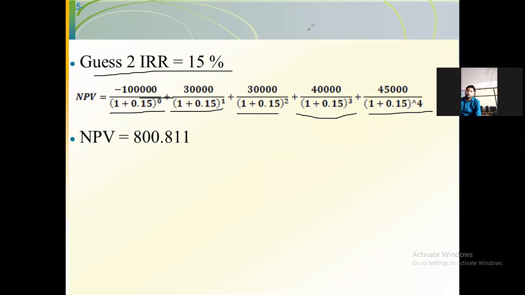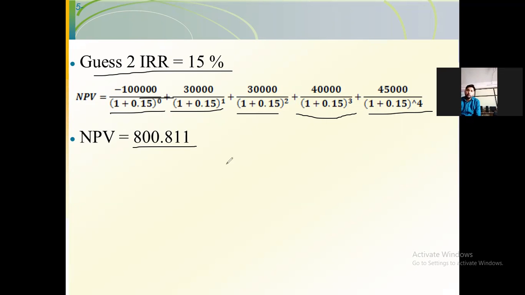So after doing the summation of all these discounted future incomes, you'll reach NPV is equal to 800.